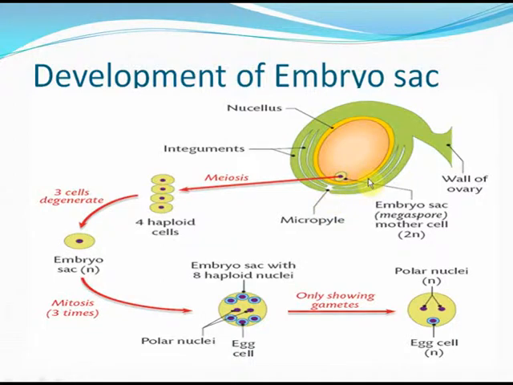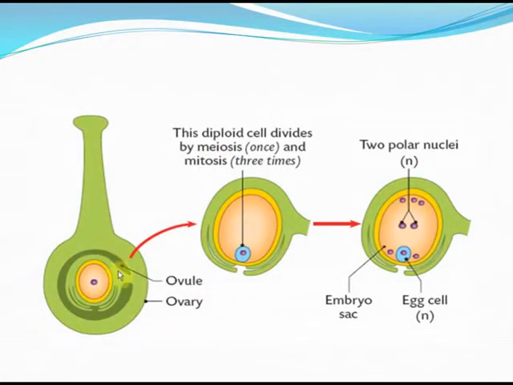Finally, this is the embryo sac or the MMC, the megaspore mother cell, which has 2n number of chromosomes because it had already undergone the meiotic division. It has a well-defined nucleus and integument, and this is the wall of the ovary. This is the ovary and the ovule.